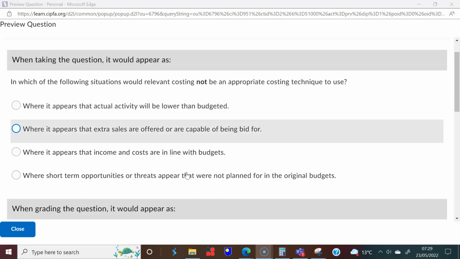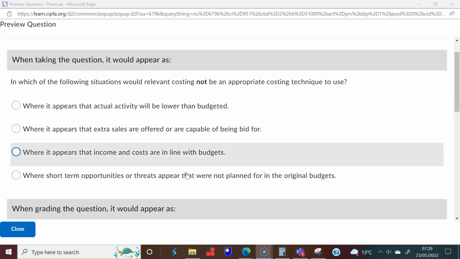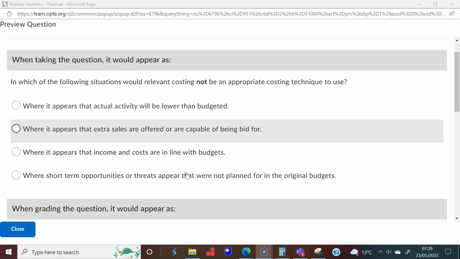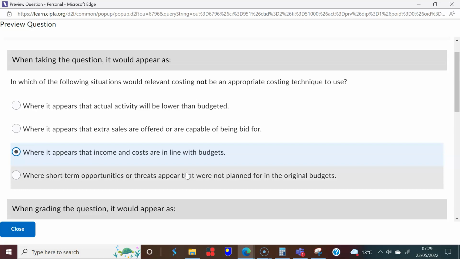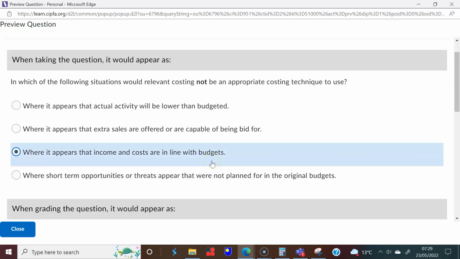So 1, 2, and 4 are very much in line with relevant costing. But when you have things very much in line with budget and things are working, and there probably is no capacity and not much change, then maybe you can argue that relevant costing here is not appropriate. But for the others, relevant costing would be important. Yeah, there you are.